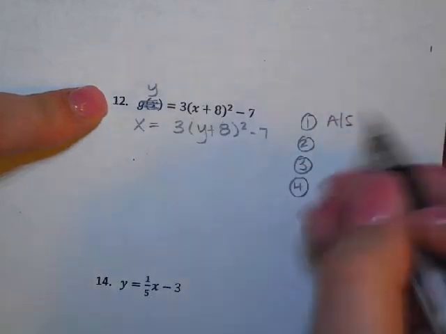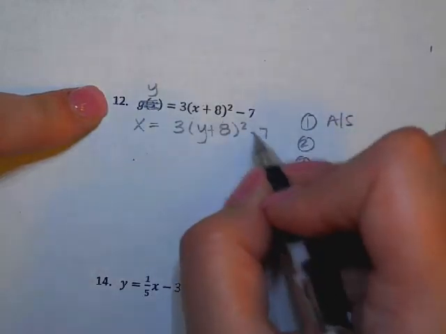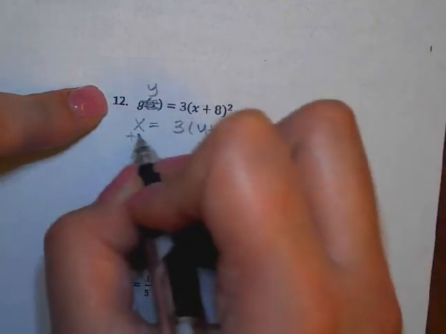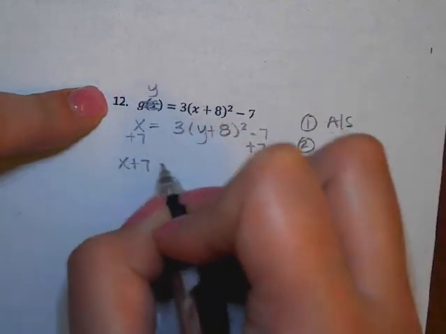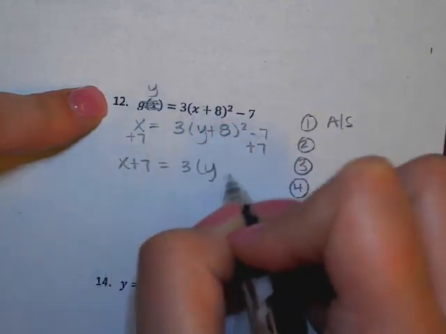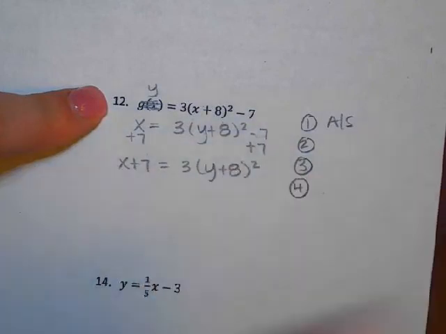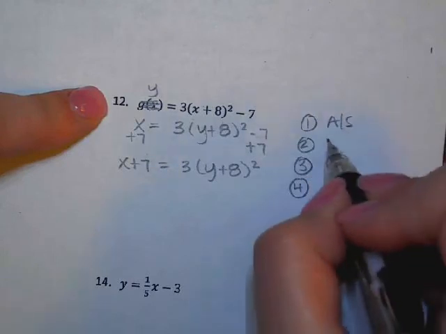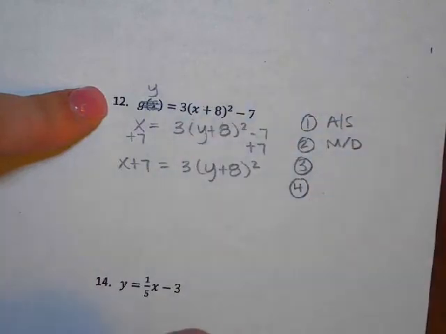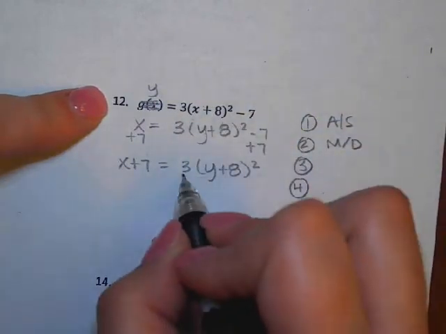So the thing that could be added or subtracted to the other side is the 7 on the end. x plus 7 equals 3. All right, then we want to see if there's anything we can multiply or divide over. We can divide by 3.